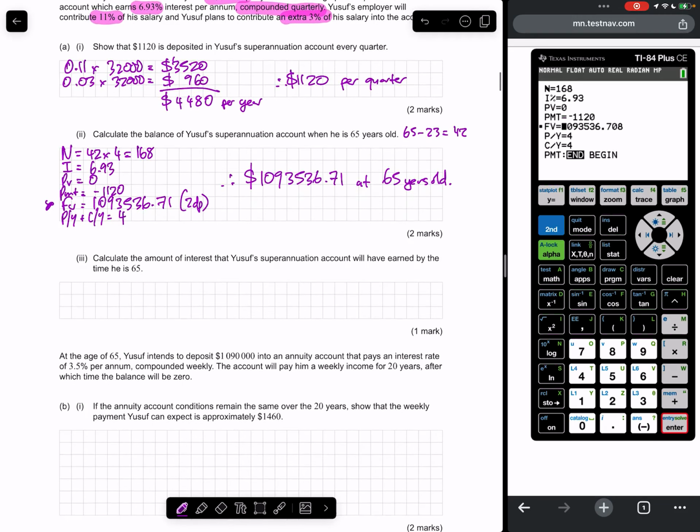Calculate the amount of interest that Yusuf's superannuation account will have earned by the time he is 65. So the interest formula for an investment is the FV, $1,093,536.71, minus any money that was put in. There was no initial amount, but there were 168 payments of 1120.